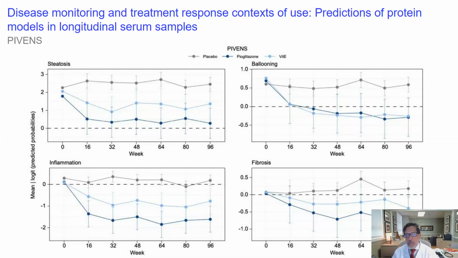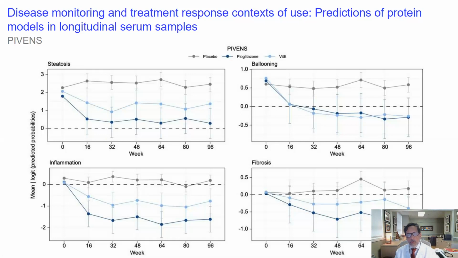The histologic outcome was not part of the model. That was the validation piece. So the model predicted whether fibrosis is getting better, whether inflammation is getting better, whether steatosis is getting better, and then we checked to see whether indeed it got better or not. And so this is what you see. That's why I showed you the histology data up front, just to set the stage, as a frame-setting concept.